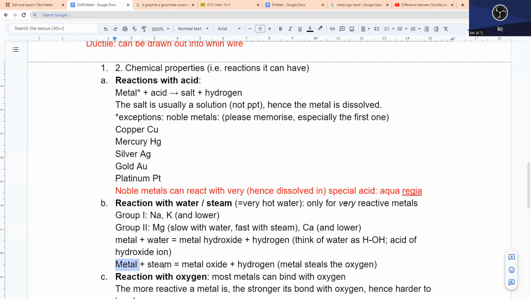Now, the metal and steam is a bit different because they're going to give metal oxide instead of metal hydroxide. So you can think that the metal here is going to steal the oxygen. The metal oxide is going to be solid, by the way, while the metal hydroxide is going to be aqueous.